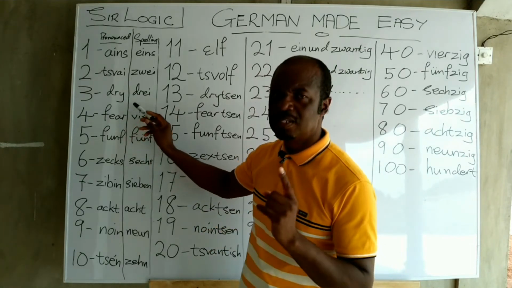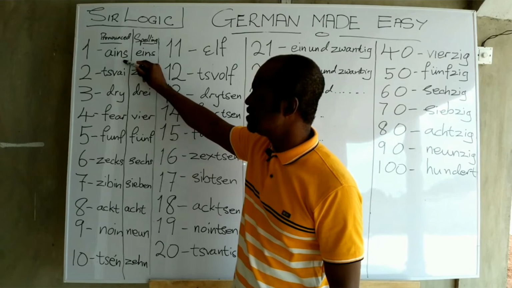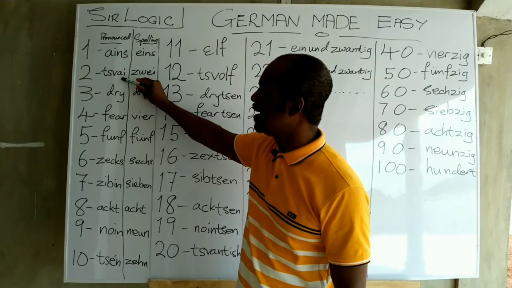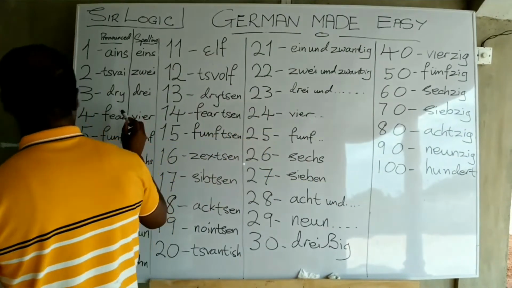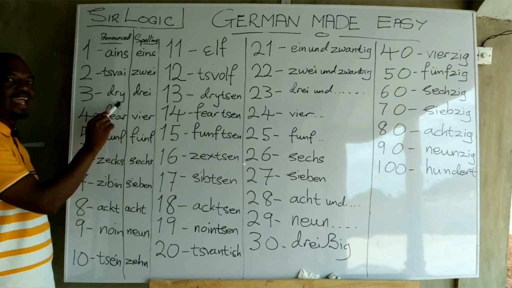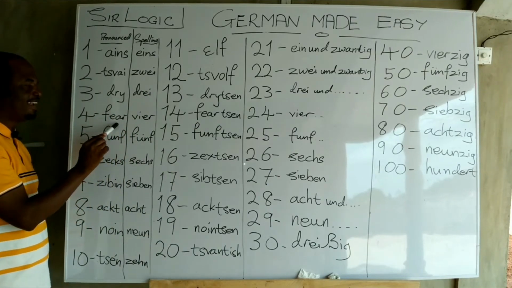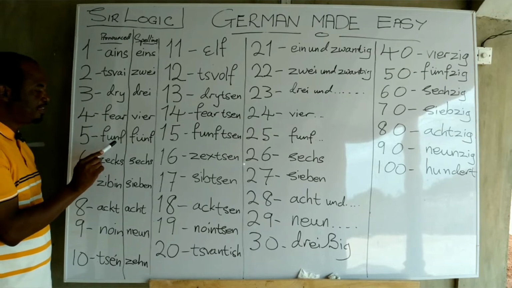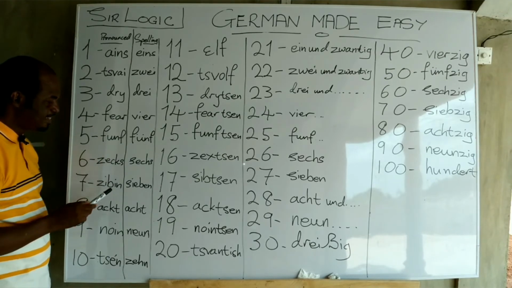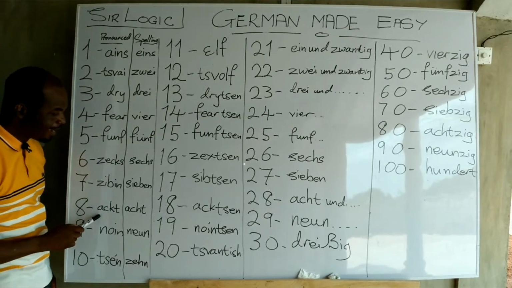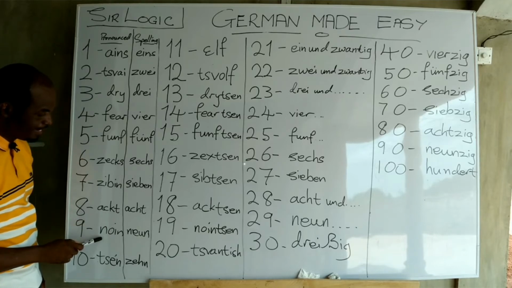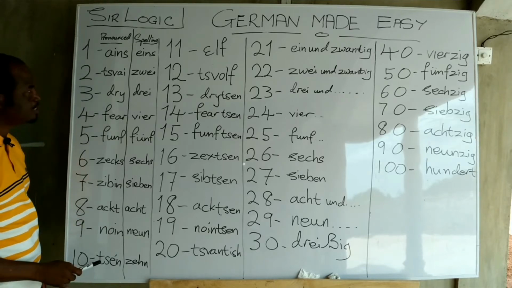So let's start again. Say it after me. Eins. Zwei. Drei. Vier. Fünf. Sechs. Sieben. Acht. Neun. 10. Let's go once again.